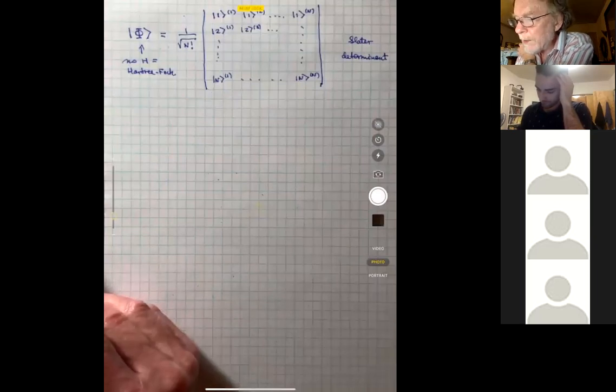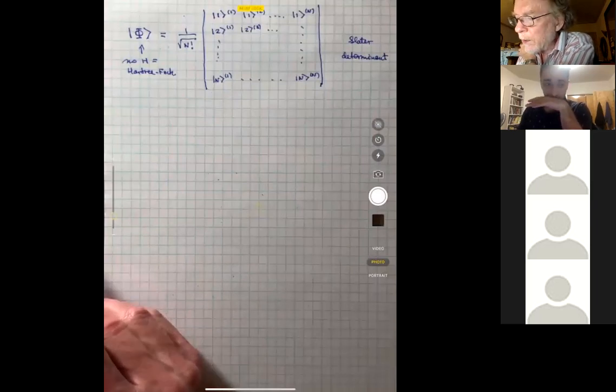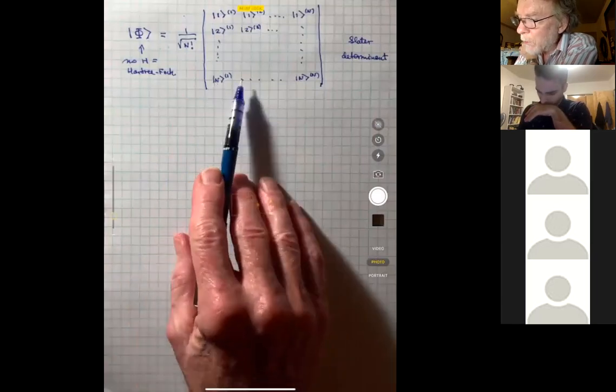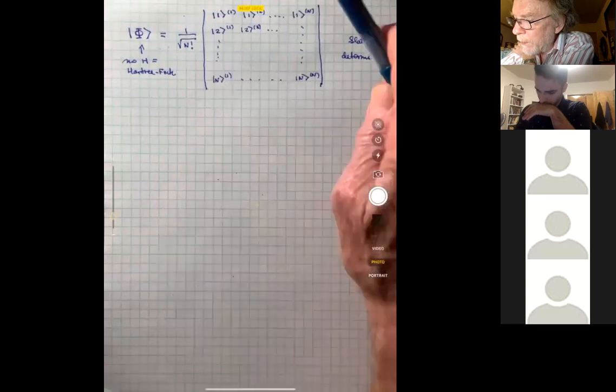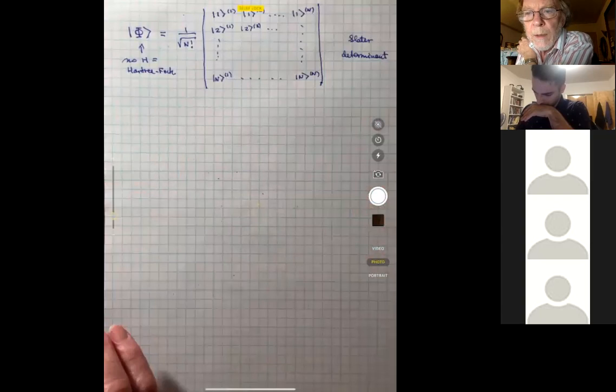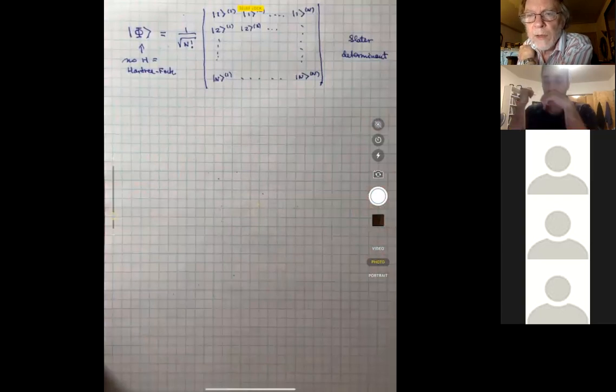The reason for doing that is because we want something to satisfy the symmetrization postulate. I'll say more about Slater determinants and symmetrization later on, but right now let me just comment that if we swap two orbitals, that would be like swapping, let's say, the first two rows of the Slater determinant. By the rules of the determinant, that changes the sign. So this is what you want for a physical state consisting of electrons: if you swap any two electron orbitals, the overall state should change sign.